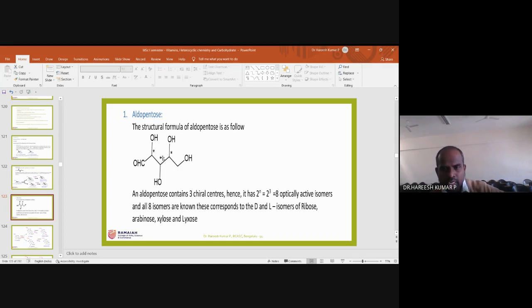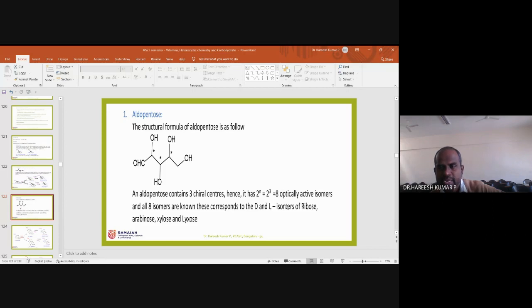Since three chiral carbon atoms are present, if you want to find the number of isomers possible, you can write 2 to the power of n, where n is the number of chiral carbon atoms. So 2 to the power of 3 is 2 into 2 into 2: 2 twos are 4, 4 twos are 8.